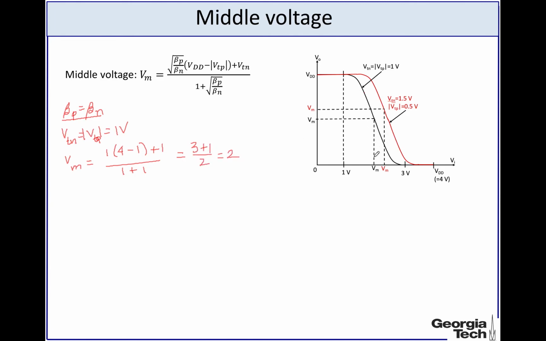Again, that simply says that if VTN is equal to VTP and beta N is equal to beta P, your middle voltage will be 2 volts, which is this point over here. That means if the input is 2 volts, the output will also be 2 volts, which is equal to VDD over 2.